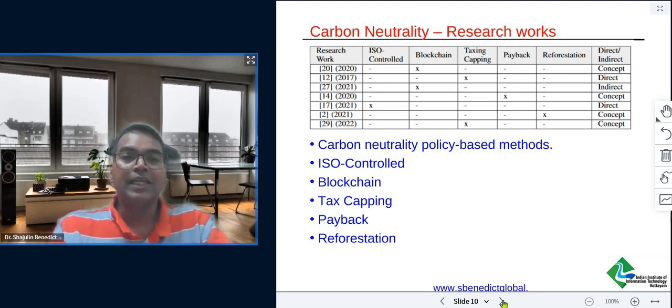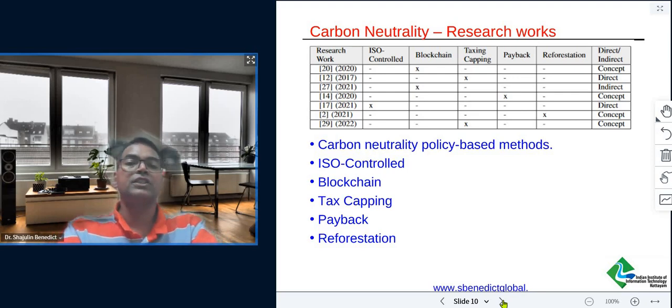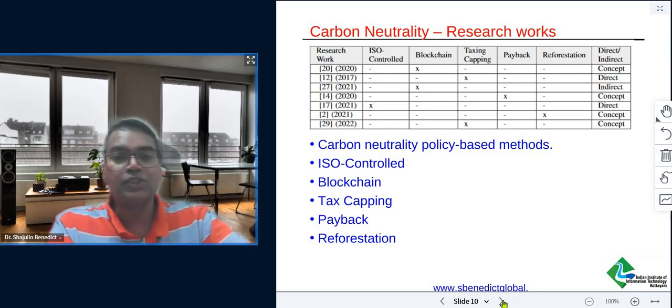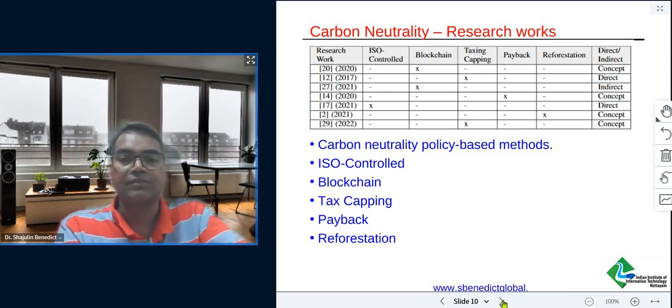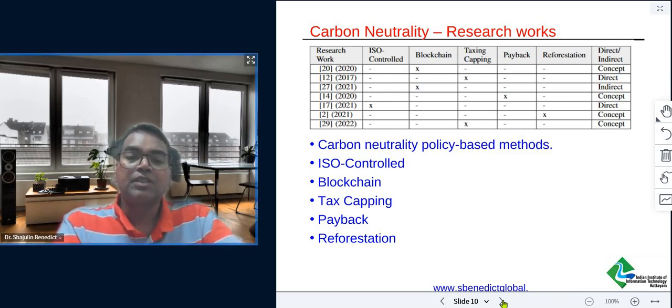So it can be protected in the blockchain, so that if someone tries to change this kind of information, it could be prevented, because blockchain in nature has this data immutability feature. The next policy which some of the researchers have adopted is tax capping.